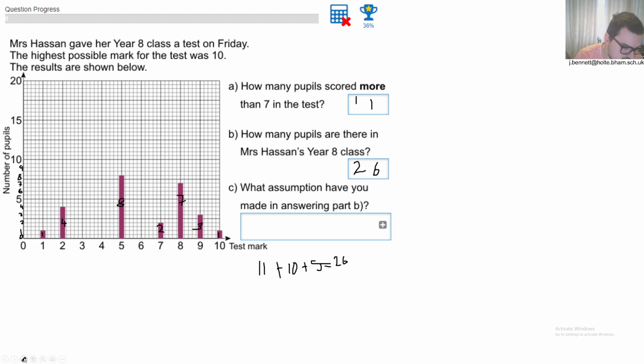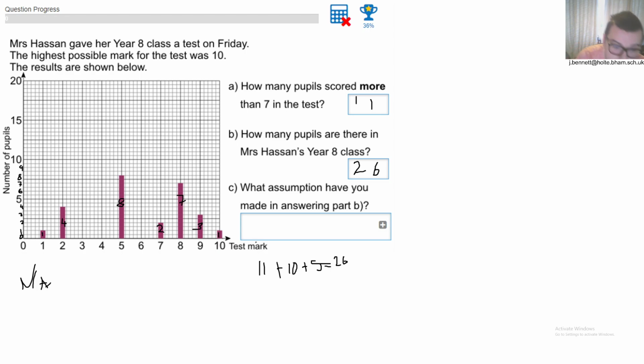Okay, so what assumptions have we made in answering part B? Well, we could assume that all the children that attended Year 8's class were there on Friday. There were no absences, because if there were absences, then they wouldn't have a score, so their score would be non-applicable because they were absent. If there were 10 kids that weren't there, you say there's a class of 36, but only 26 actually received scores on the test.